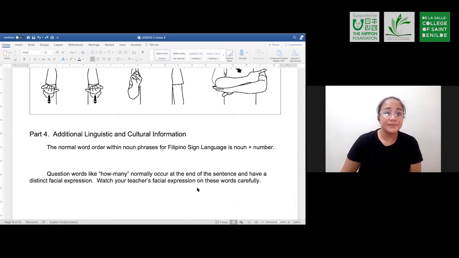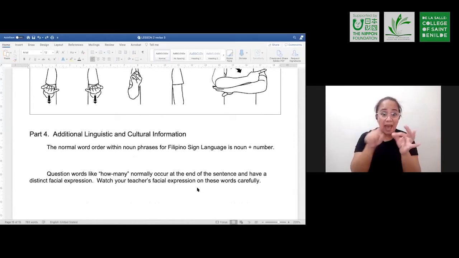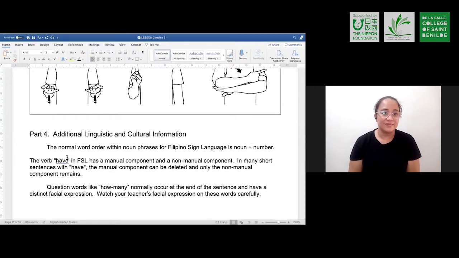Okay, so put the sentence about the have that I typed out before, put that after a new paragraph after the normal word order with noun phrases for Filipino Sign Language is noun plus number. Yes, and then put a tab, indent the verb have.